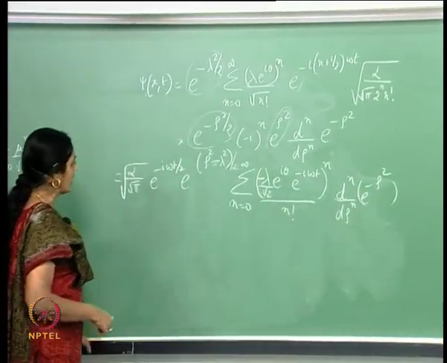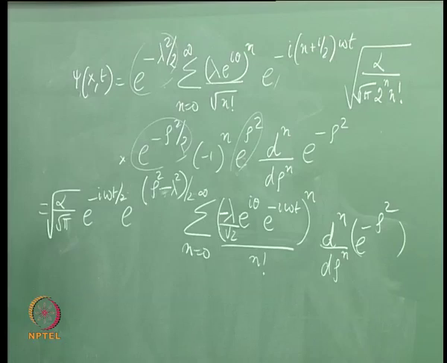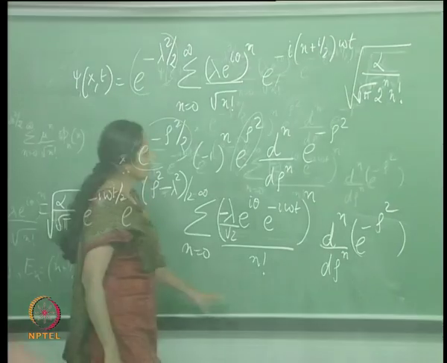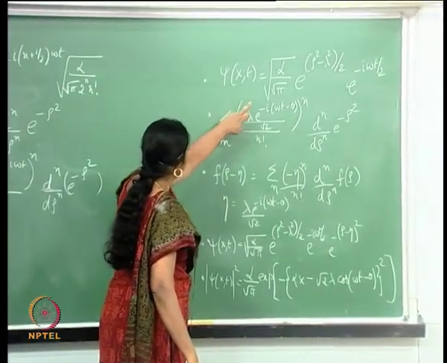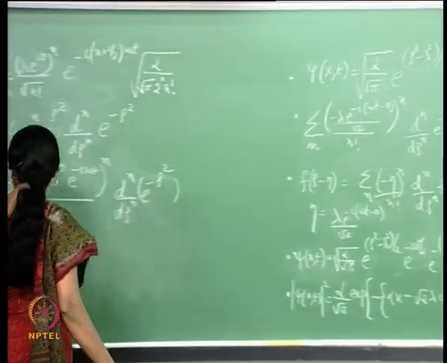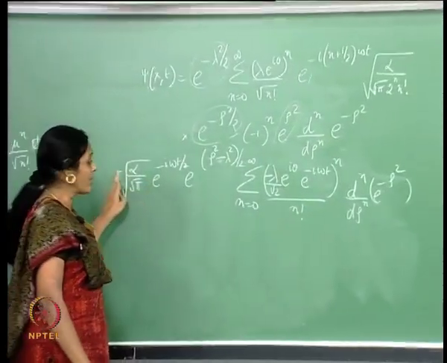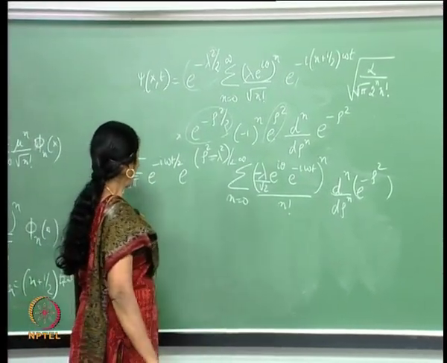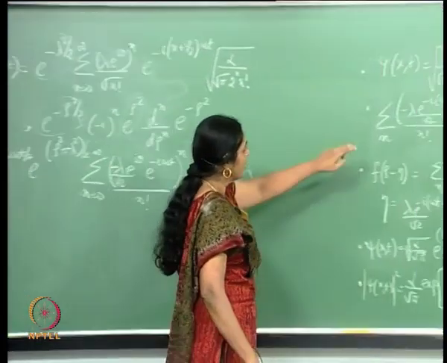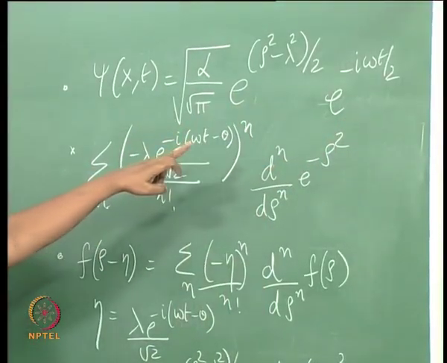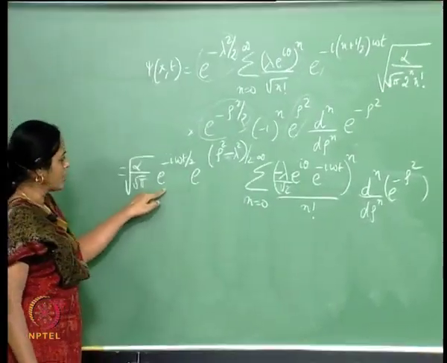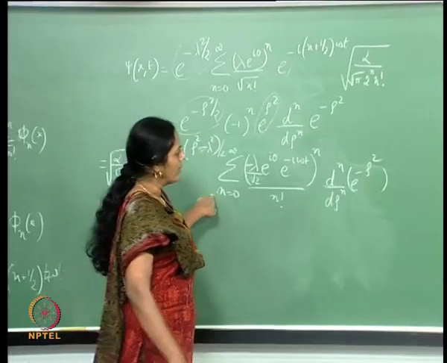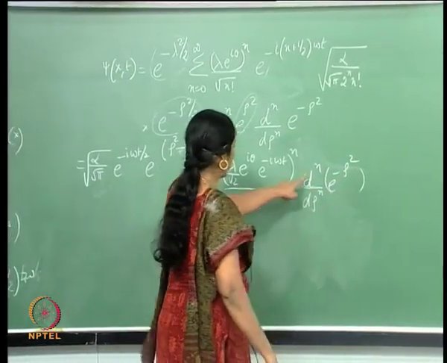So this is what I have, which is precisely the expression that I have written out here for you. If you look at it, root of alpha by root pi came from the normalization for the energy eigenstate. E to the rho squared minus lambda squared by 2, e to the minus i omega t by 2 is what I have pulled out here. Then there is a summation over n with precisely the factors that I have put down there.